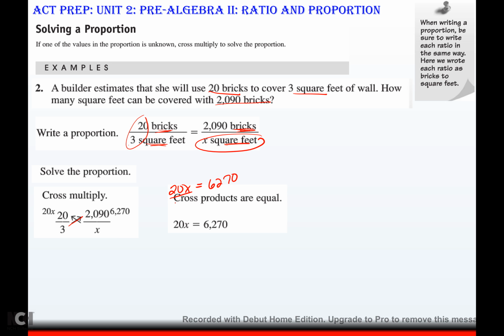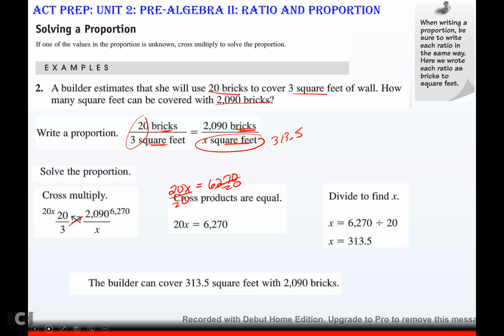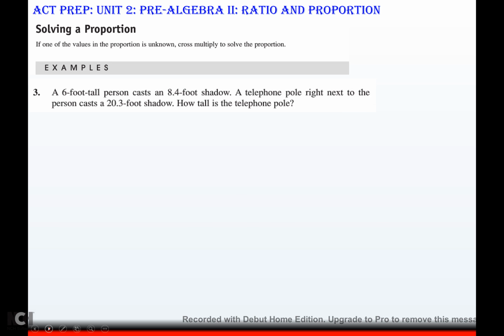Then I'm going to divide by 20, and I get x equals 313.5. So 2090 bricks will cover 313.5 square feet. Okay?